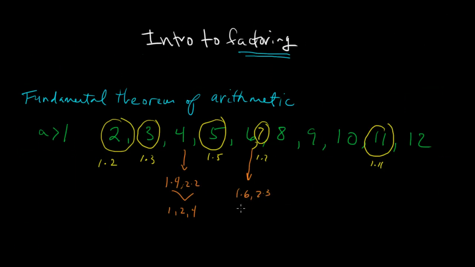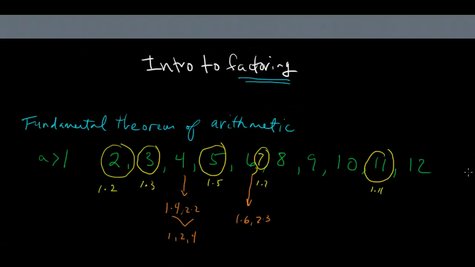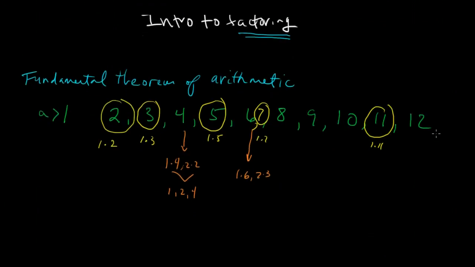So 6 we can understand to have the factors 1, 2, 3, and 6. 9 is 1 times 9, but it's also 3 times 3. So it has the factors 1, 3, and 9.